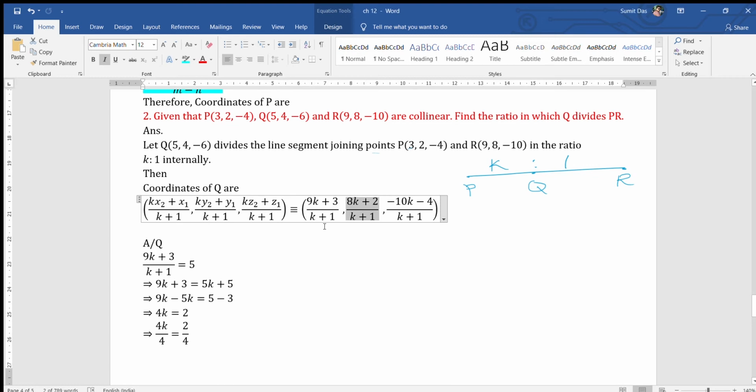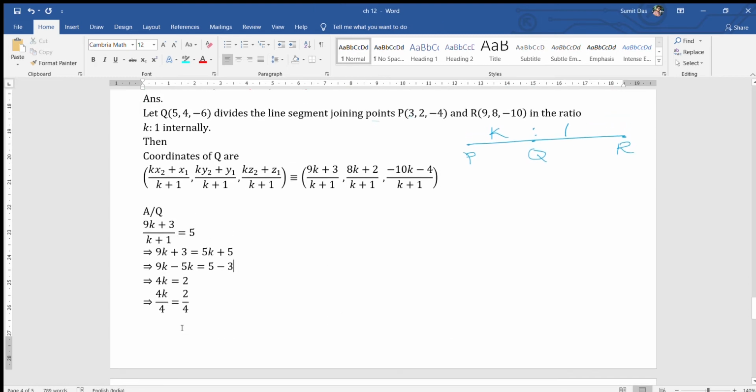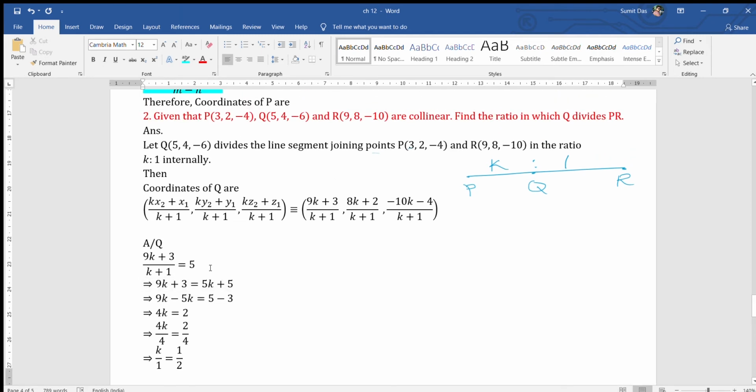Any doubt regarding question number 2? Question number 2 is an important problem. Let me know.